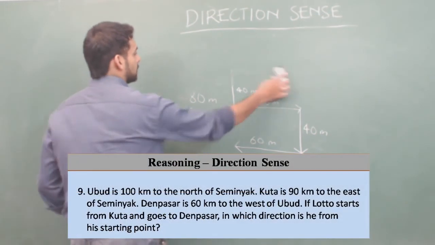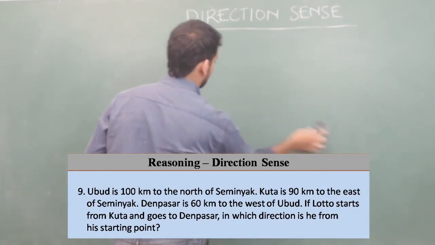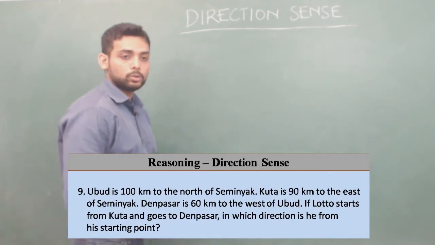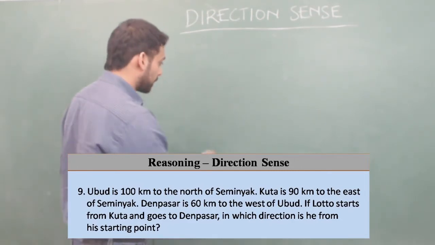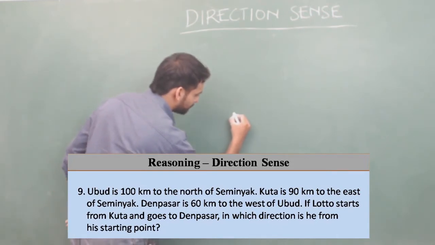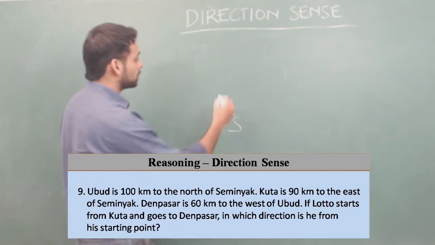So we have a question in front of us. Okay, so the town of Ubud is 100 kilometers to the north of Seminyak. So I have the town of Seminyak here, and Ubud is 100 kilometers north.